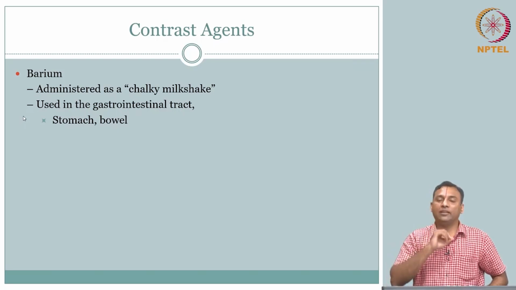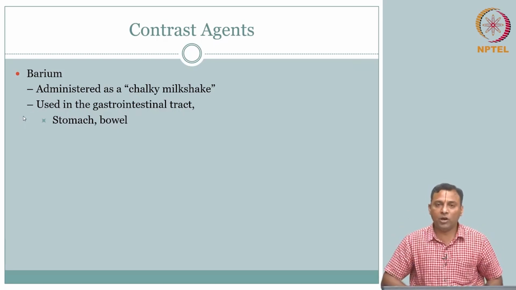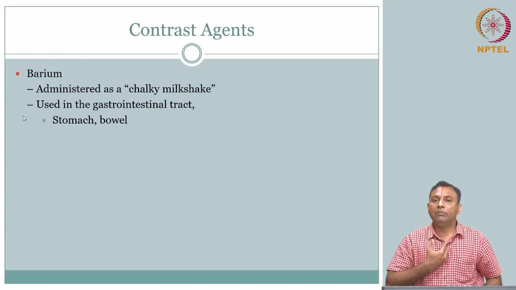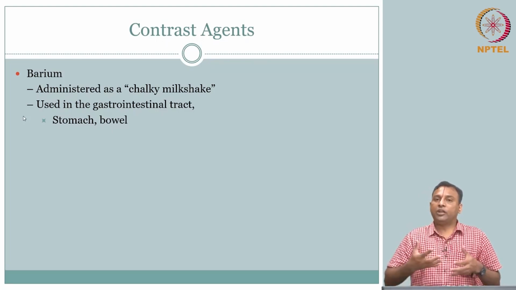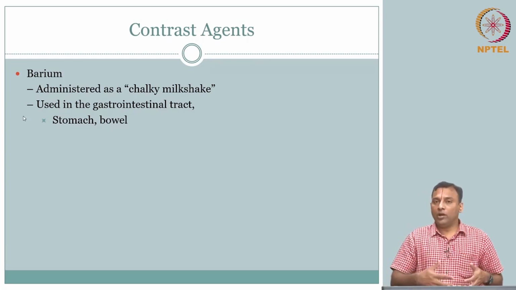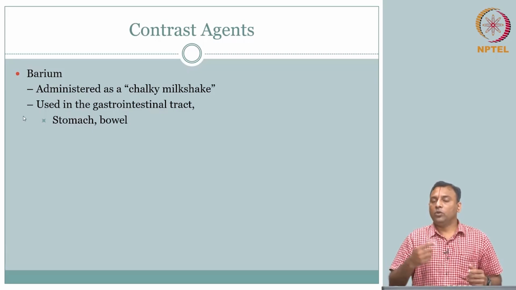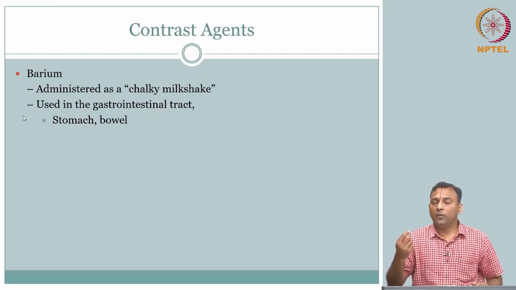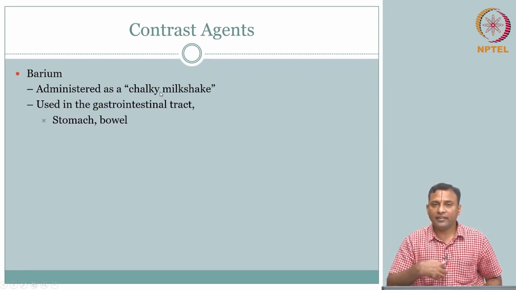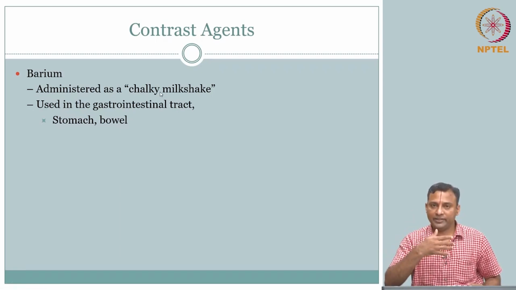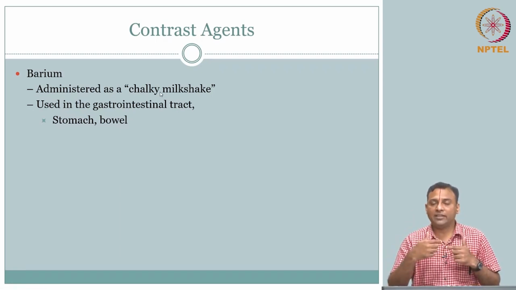Why? Because if you drink it, there are ways to send it into the body. If I want to, for example, image the GI tract, is there a problem in the GI tract, or if I want to see after the GI tract, the stomach and then the bowel, it is going through. So what do I need? I need the milkshake. Wherever it is going, if I send my X-rays, it is going to interact with the X-rays and attenuate.